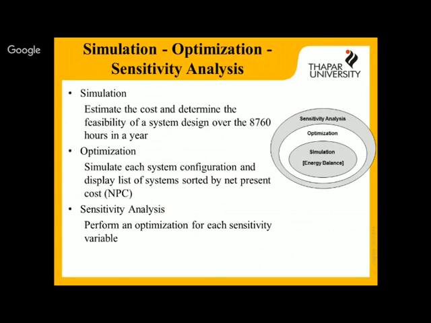The second option is PV plus diesel, if I'm not going to use batteries. The third choice will be PV plus diesel plus battery, and the fourth choice will be diesel plus battery. So these are the four options I have.